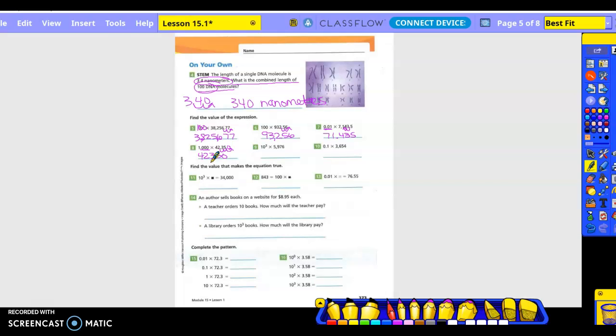Next one, 10 to the third power is what? Is 1,000. Okay. And I'm multiplying by a whole number or a decimal? Whole number, so am I going left or right? Right. How many places? 3. So technically my decimal is back here, right? So if they don't give you a decimal, you just put it at the end. And then I'm going to loop it how many times? 1, 2, 3.